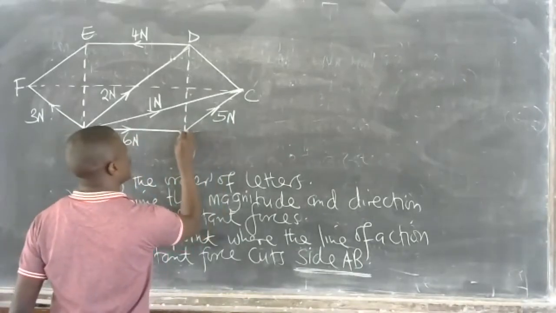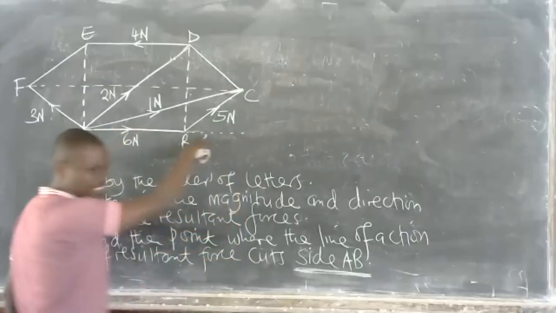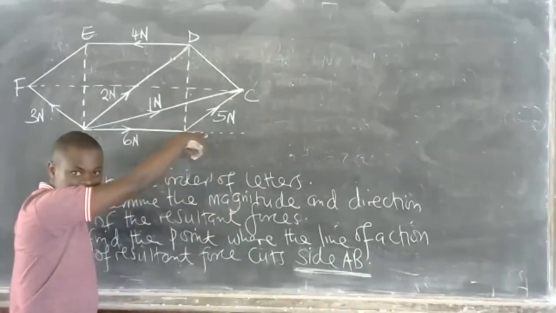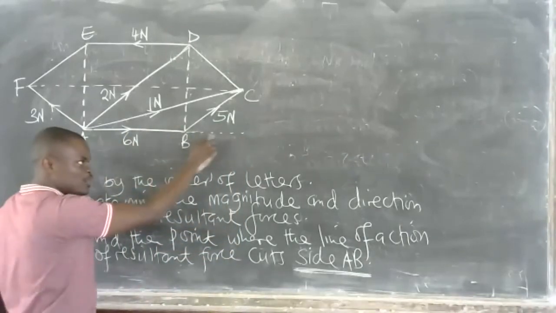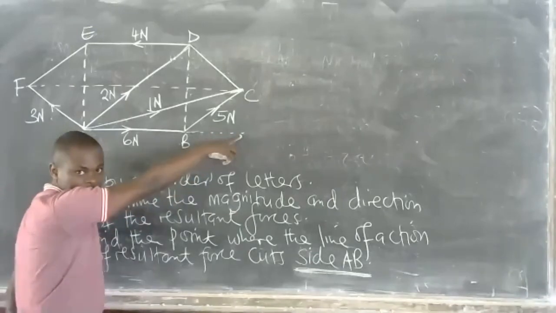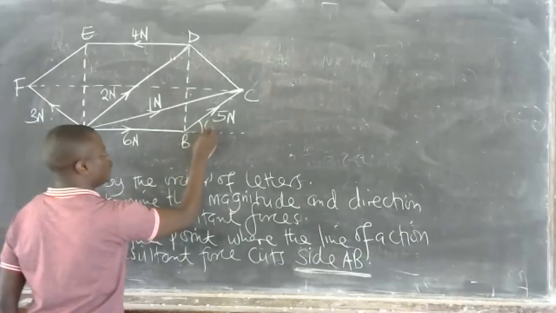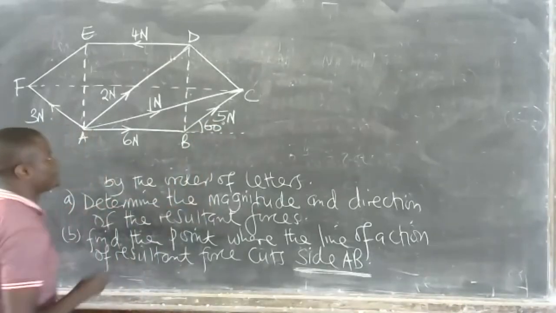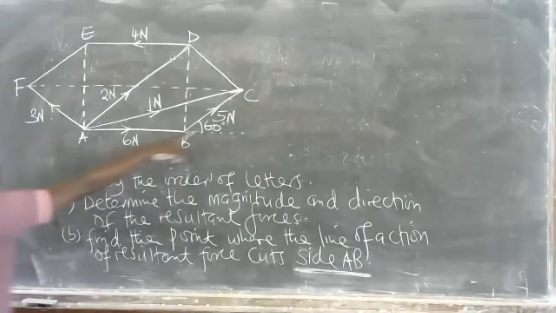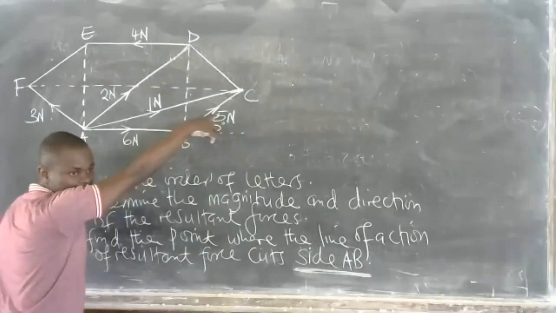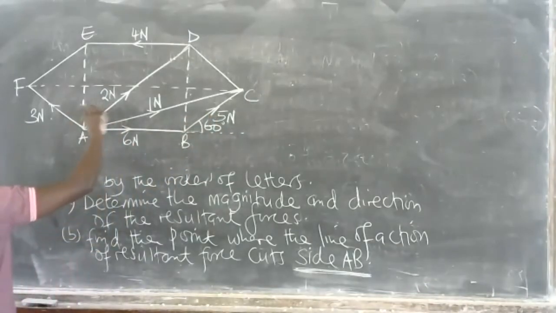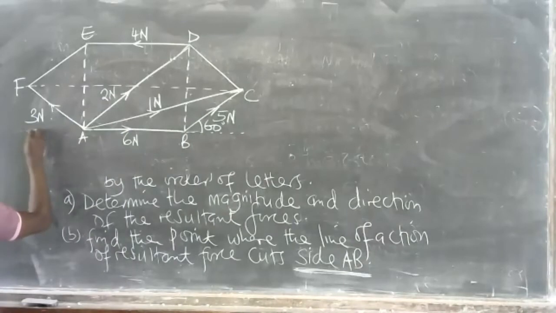So looking for the exterior angle, but not using freehand. That dotted line, don't use freehand to show a dotted line. So we have an acute angle there of 60 degrees. I'll use 60 degrees to resolve the 5. I have the 3 newton force this side.